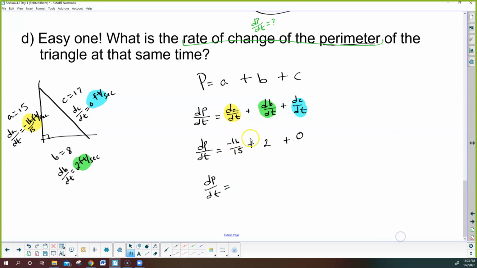And you would get negative 16 plus 30 is 14 over 15. And then what are the units? Right? My units are the perimeter. Now, perimeter is always just regular units per time. And what is time? Seconds.